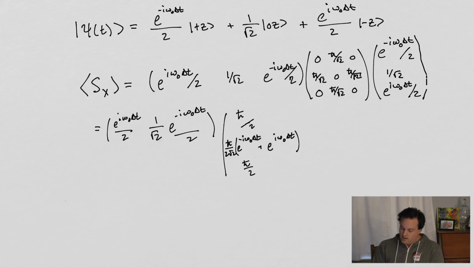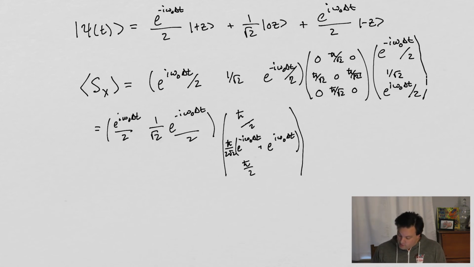Now, before I go on with this, I just want to take a moment and think about what we've seen happens when I have an e to the i omega t plus an e to the minus i omega t. That is a cosine. I mean, there's a factor of 2, but luckily I have an extra factor of 2 in the denominator that I can suck up into it.